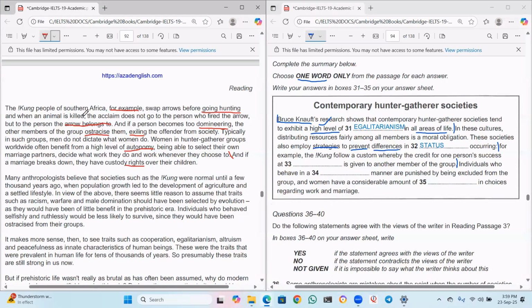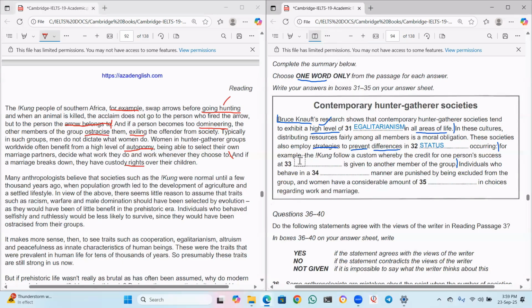And when the animal is killed, the acclaim does not go to the person who fired the arrow, but to the person the arrow belongs to. Yes, this sentence is paraphrased. Now, what is the answer, guys? Come on, you have to guess it. The Kung follow a custom whereby the credit for one person's success at what is given to another person at hunting. Yes, that is the right answer.